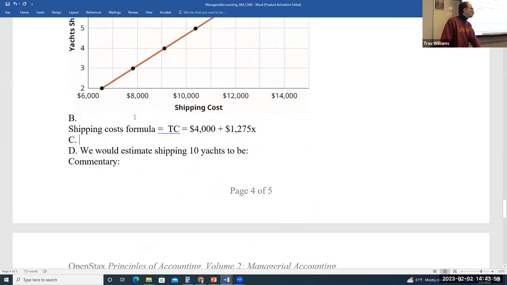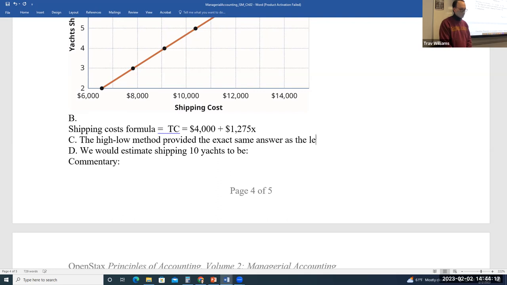So in some cases, our high-low method might not be exactly the same. But the high-low method provided the exact same answer as the least squares regression analysis.